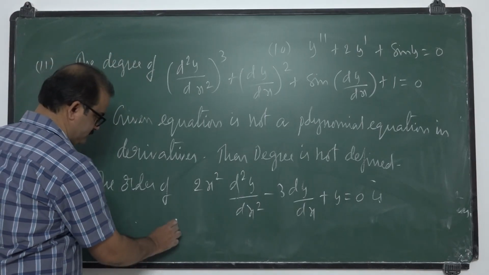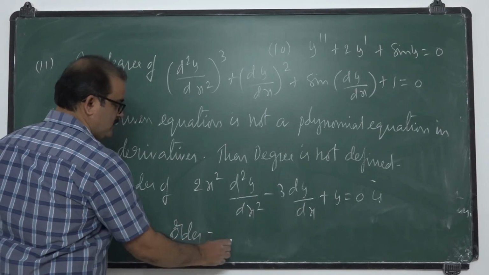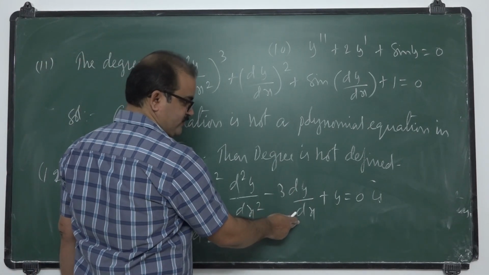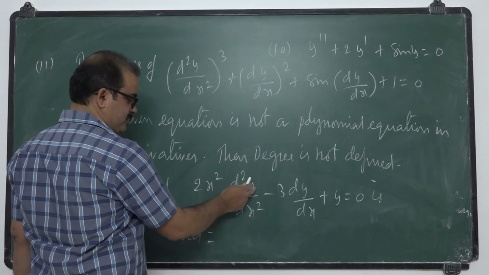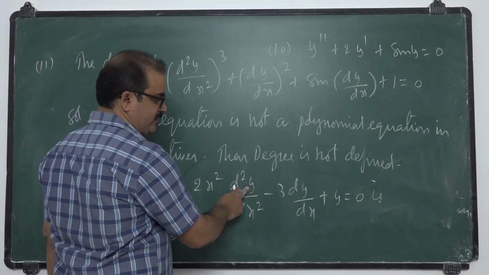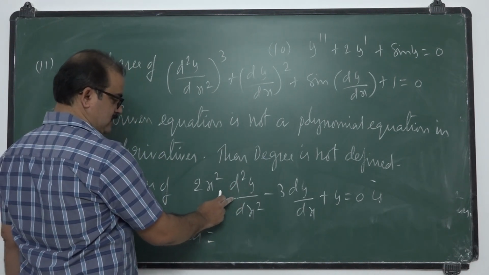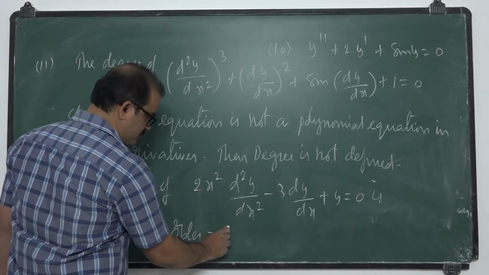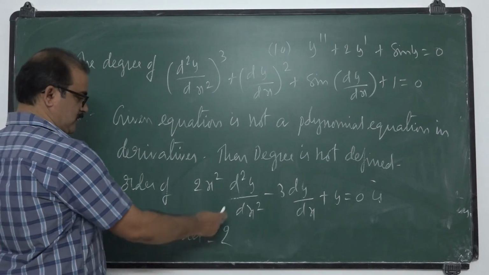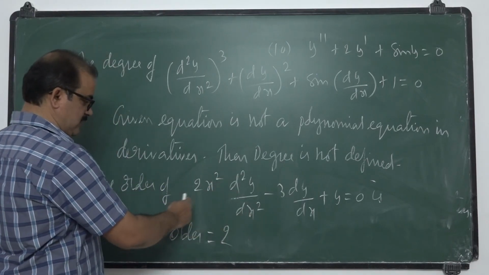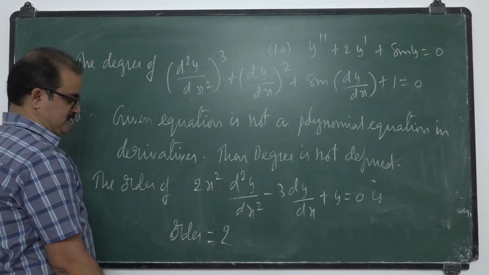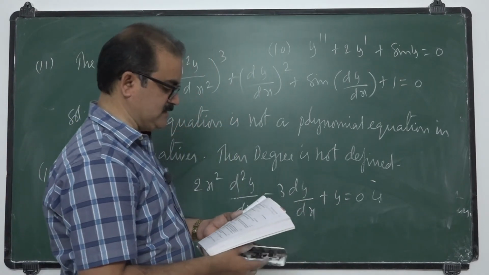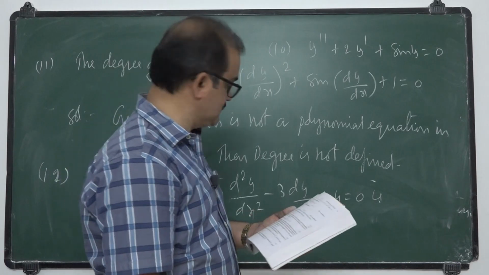Say, what is the highest derivative here? dy by dx means the first derivative. d square y by dx square means the second derivative. So this is the highest derivative. What is the order of this derivative? 2. The order of the highest derivative is the order of the entire equation. In this way we find orders and degrees.